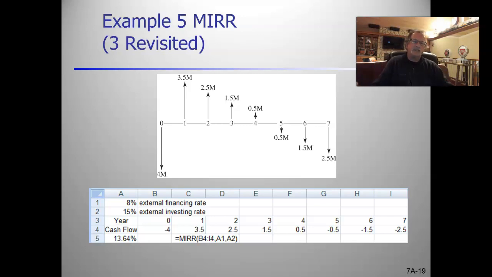Okay, so let's take a step back and think about what we're talking about in this video. In this video, I've been covering what I would call cash flows that are not well behaved. We've got multiple sign changes. Multiple sign changes are always messy.